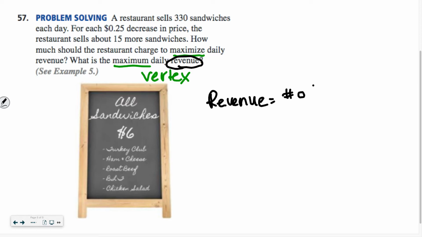So I'm going to say number of sandwiches, and depending on how many sandwiches you sell, times the price that you sell them for, that's going to be all the money that you're earning, so long as your workers aren't pocketing anything. I hope. So that's your revenue. So we need to write a model that represents the revenue.